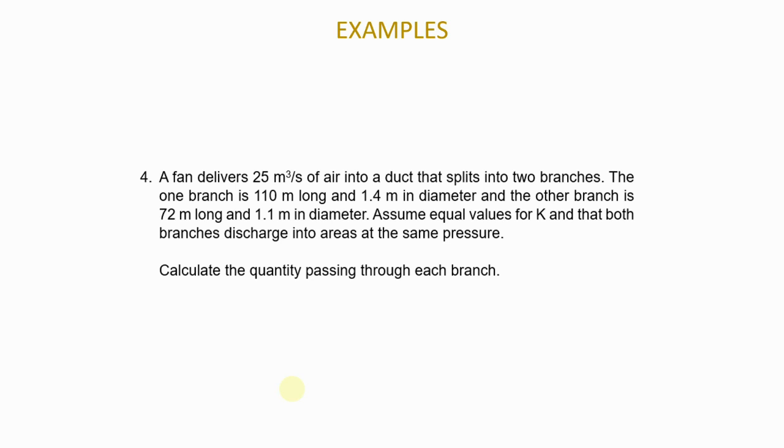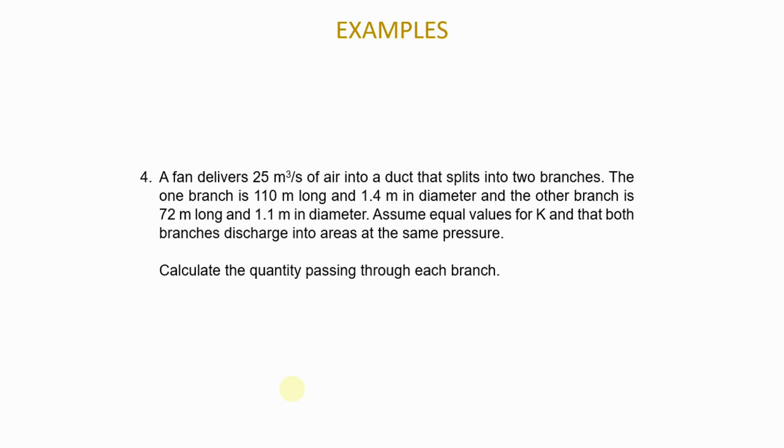A fan delivers 25 cubic meters per second of air into a duct that splits into 2 branches. So you have air being delivered into a duct that then splits into 2 branches. Now, the one branch is 110 meters long and 1.4 meters in diameter.